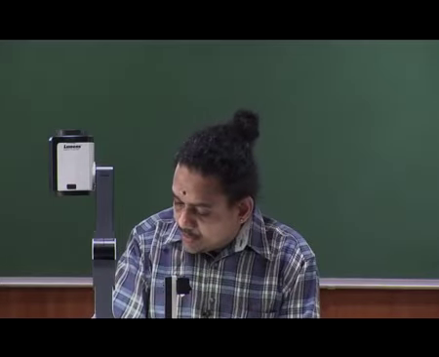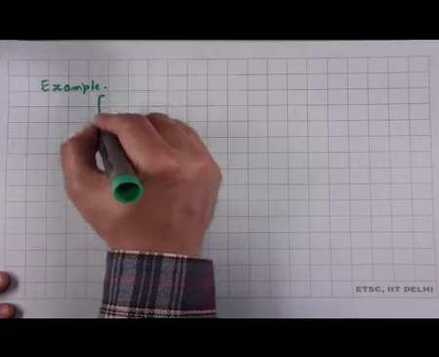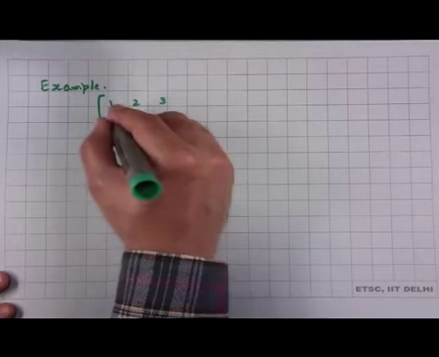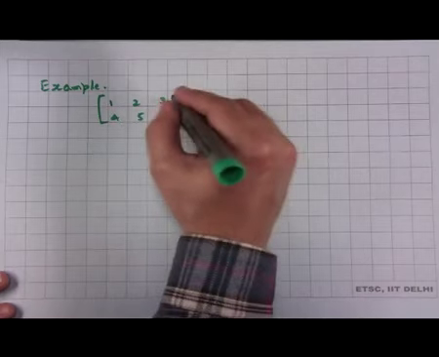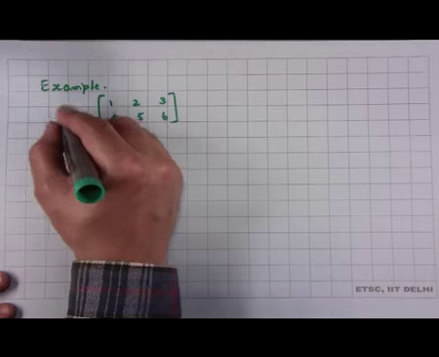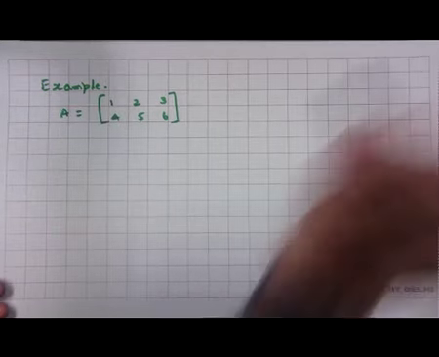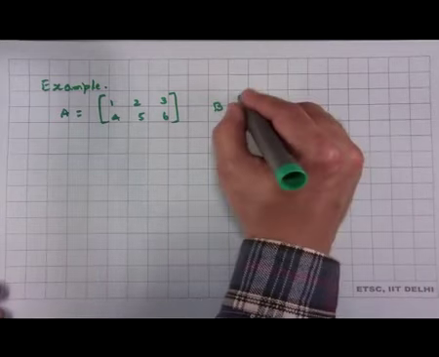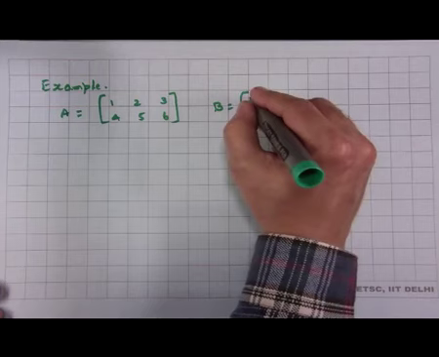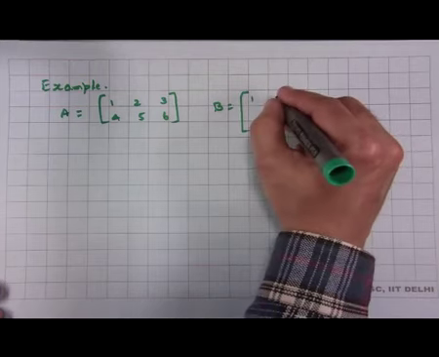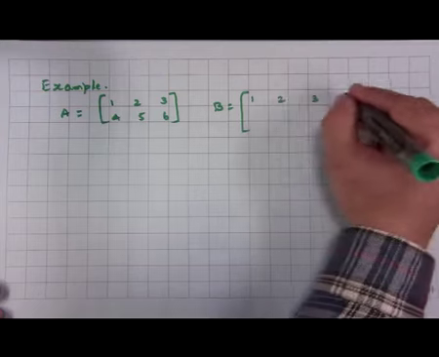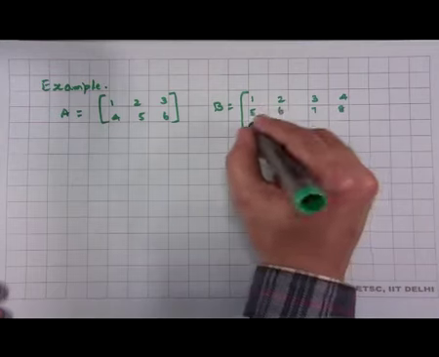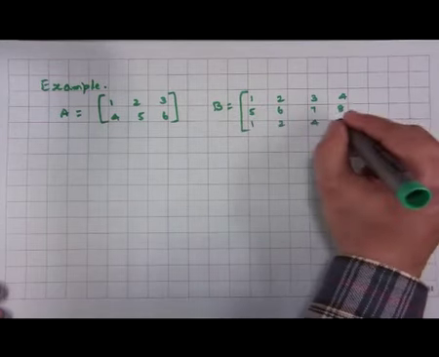Now, let us do a simple example. Let us look at this matrix 1, 2, 3, 4, 5, 6. This is a matrix, let me call it A. This is a matrix of order 2 by 3, and let me choose B as 1, 2, 3, 4, 5, 6, 7, 8, 1, 2, 4, 5.